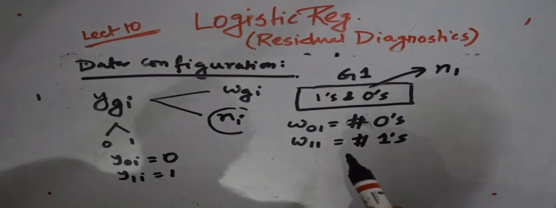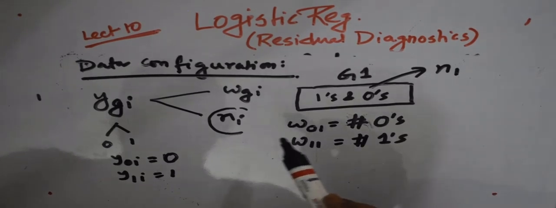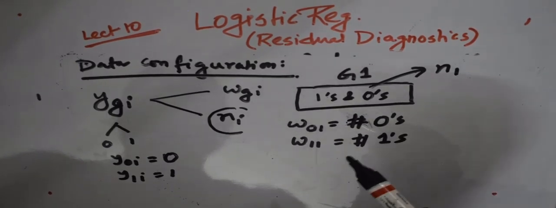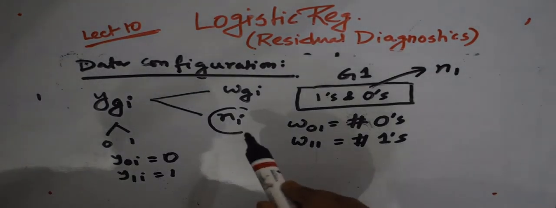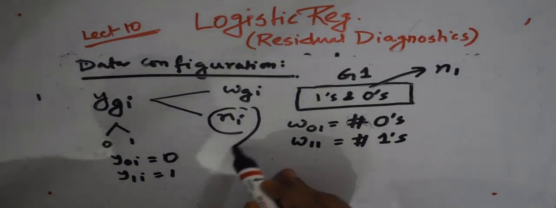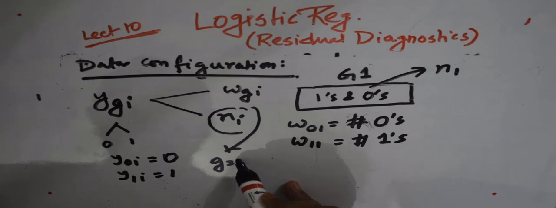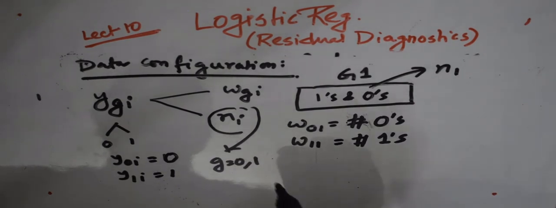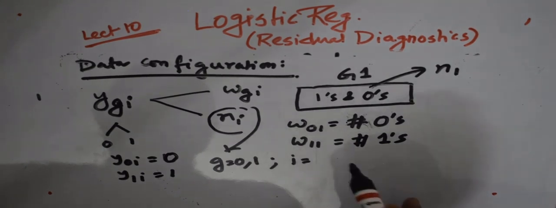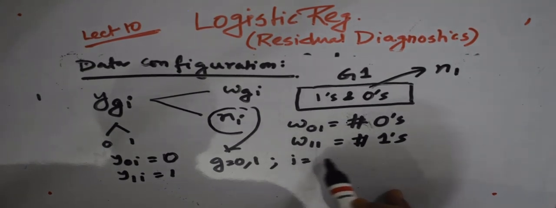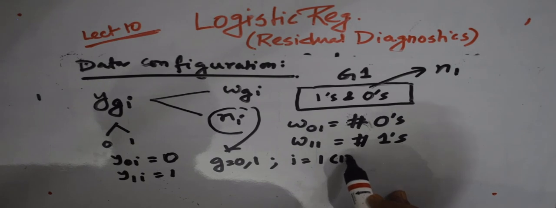Similarly, we define wgi and ni for other groups, so g equals 0, 1 and i is 1 to capital I.